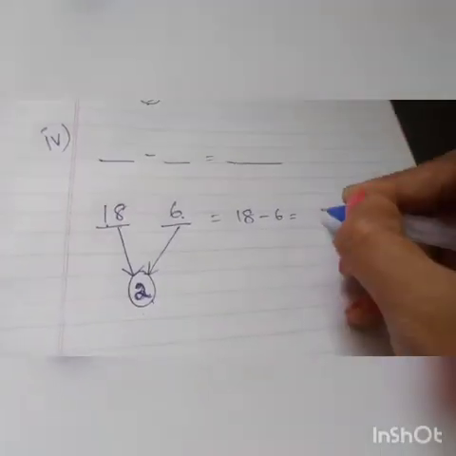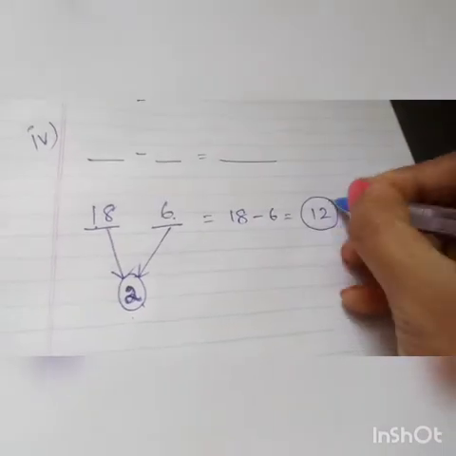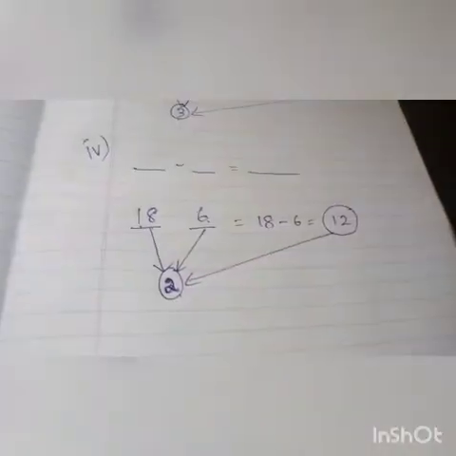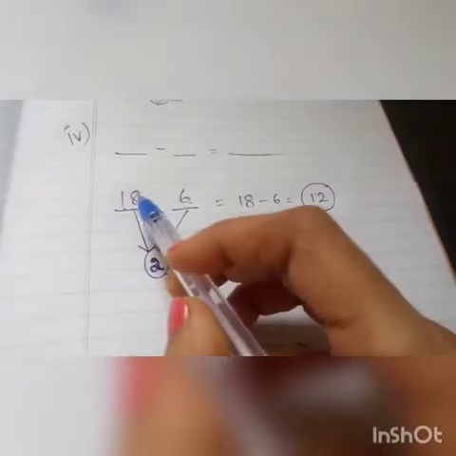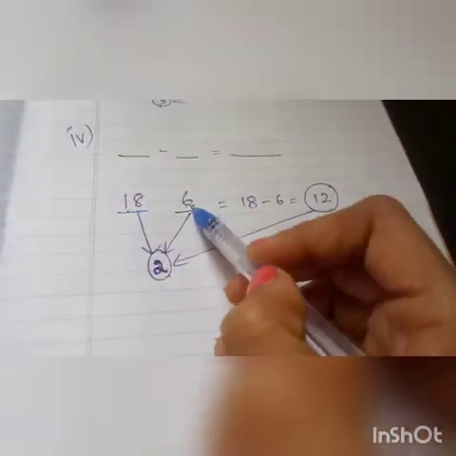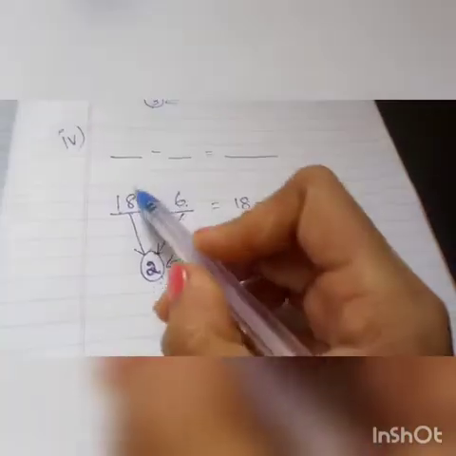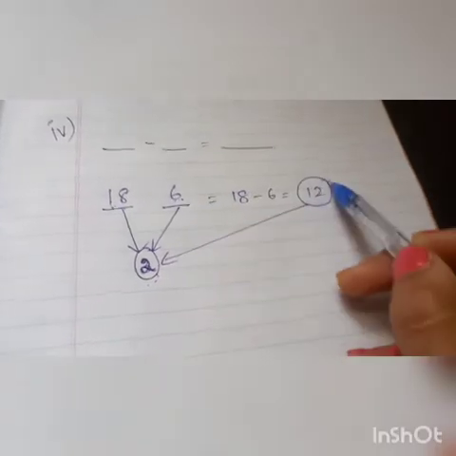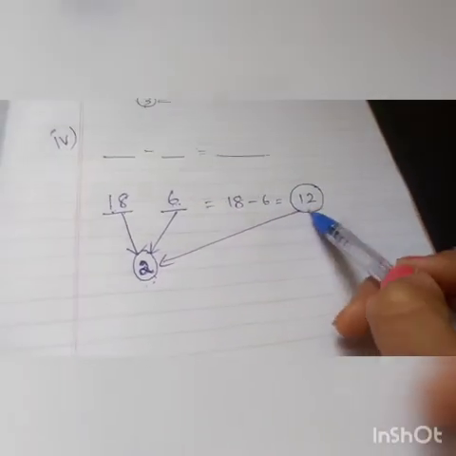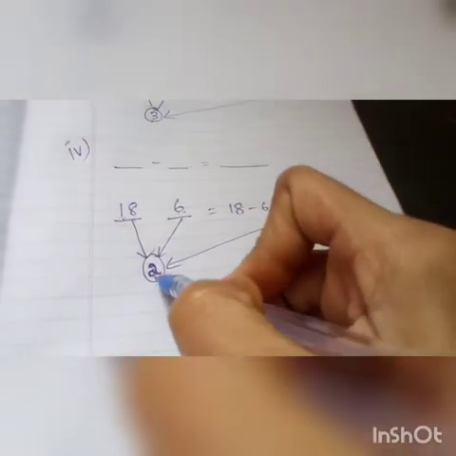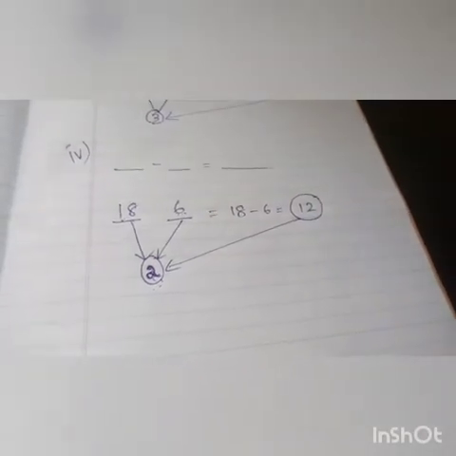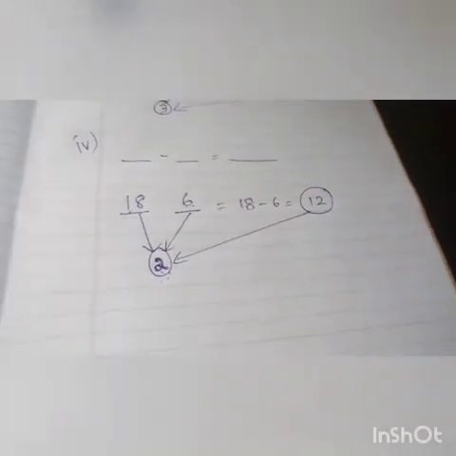What will you get? 12, right? This 12 is also divisible by 2. So I have taken two numbers that are divisible by a number, and when I subtract them, I get an answer that is also divisible by 2. This is your rule number 4. Understood?